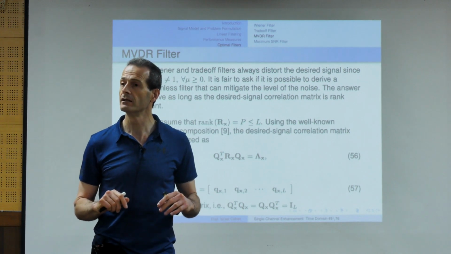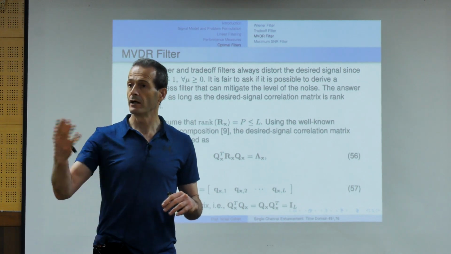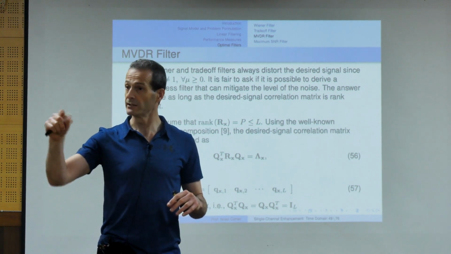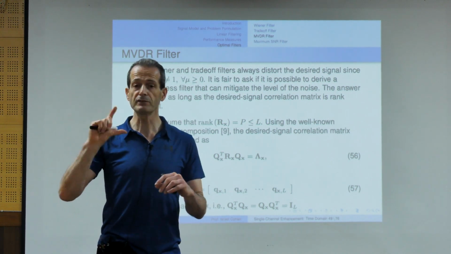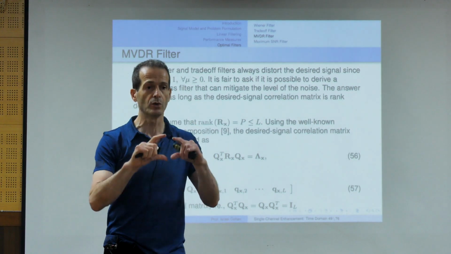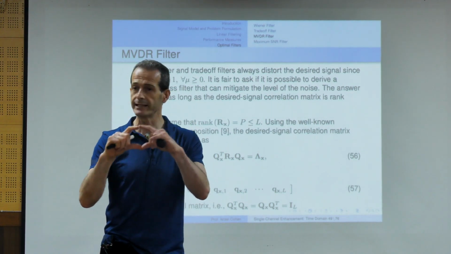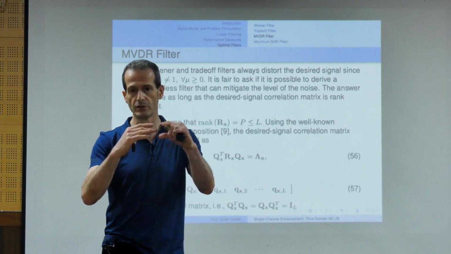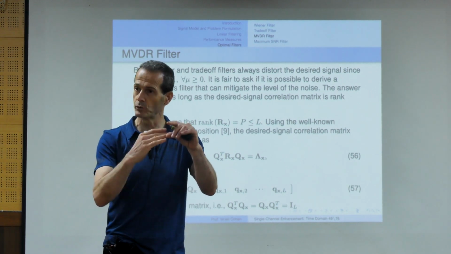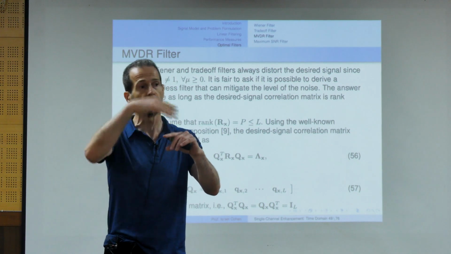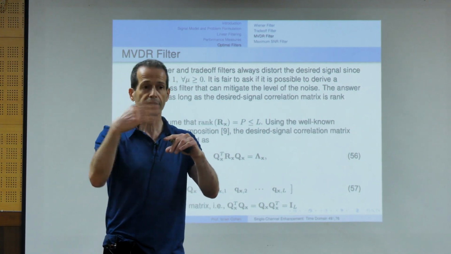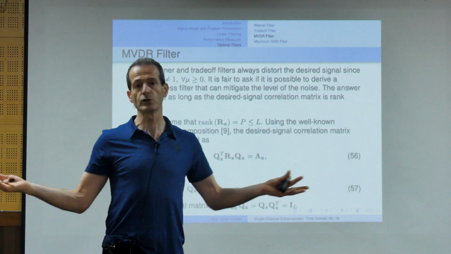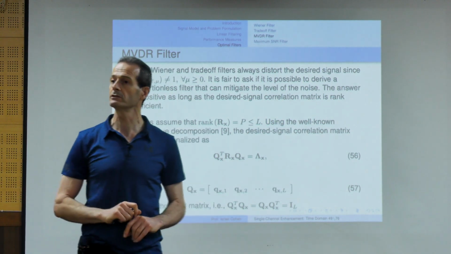If we know that it's contained within a certain bandwidth from 1 to 2 kilohertz, we can remove all the low frequencies up to 1 kilohertz and remove all the noise higher than 2 kilohertz, and we get noise reduction without any distortion.